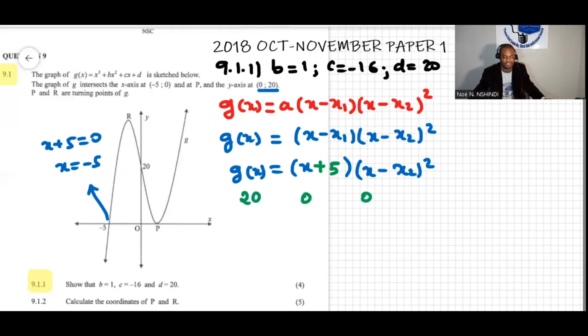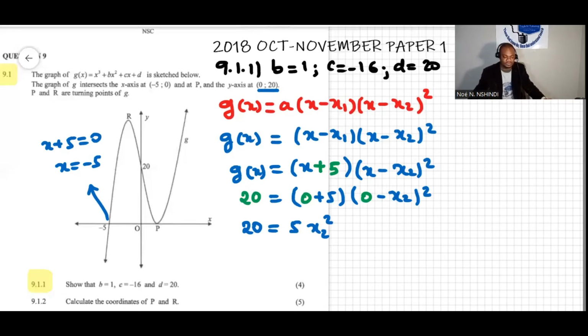It's going to be 20 equal to 0 plus 5, close brackets, open brackets, 0 minus x2, to the power of 2. And then that makes 20 equal to 5 times x2 to the power of 2, because 0 minus x2 is just -x2, and squared it becomes positive. And then 5 times that makes that.